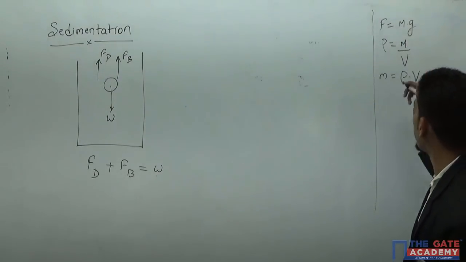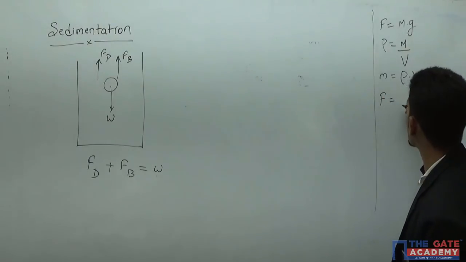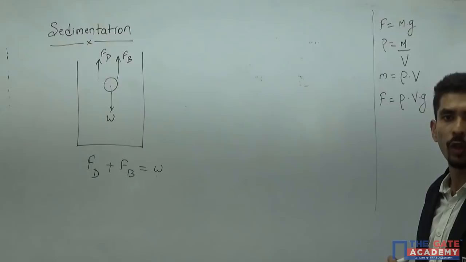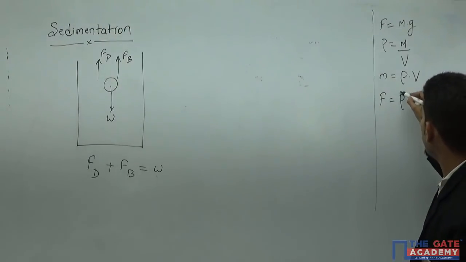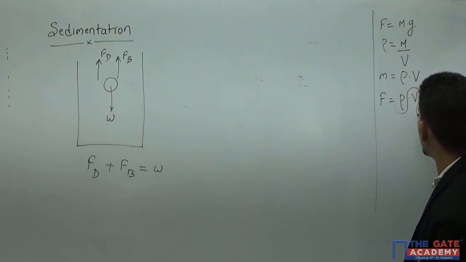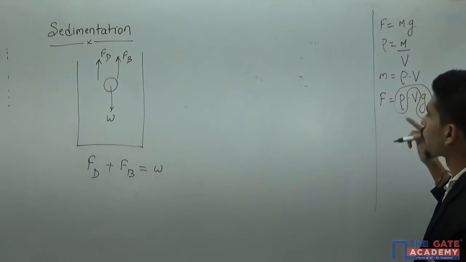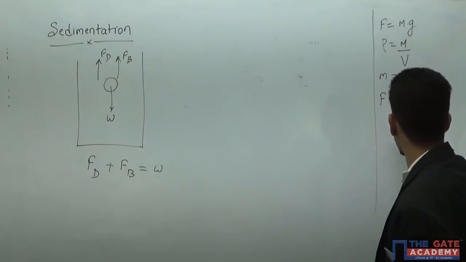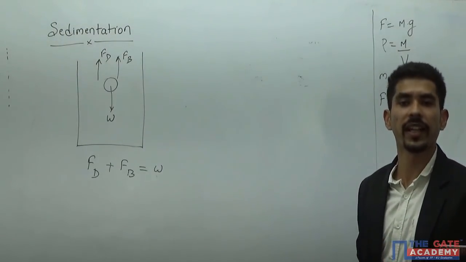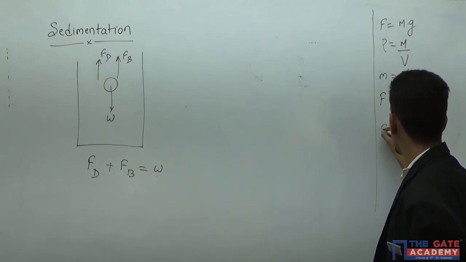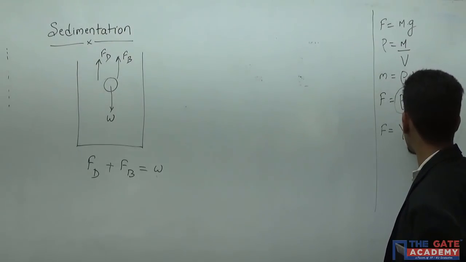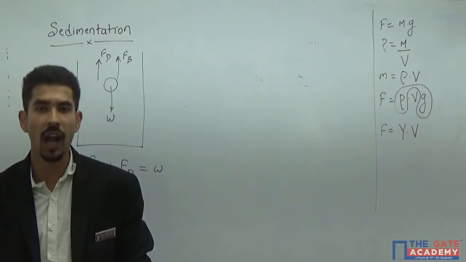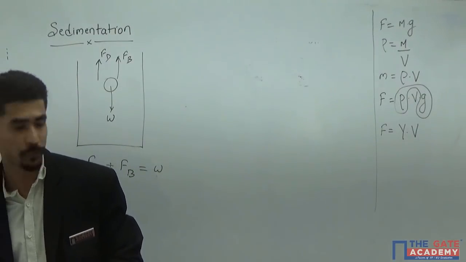If I substitute here, we get force is equal to rho into V into g. This rho into g is nothing but the unit weight, gamma. So I can write force is equal to gamma into volume.